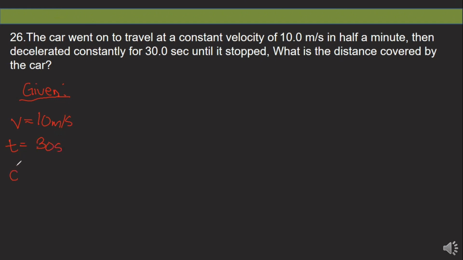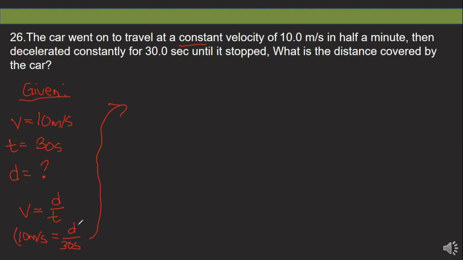Now, let's compute first for the distance traveled by the car in 30 seconds. Since it's constant velocity, in order to find the distance, we simply use the equation v is equal to d over t. Since velocity is given, we have 10 meters per second equals d, the one that we're looking for, over 30 seconds. Let's multiply 30 on both sides.